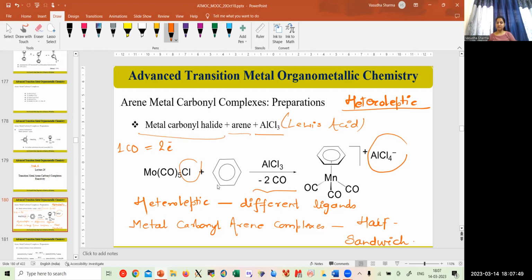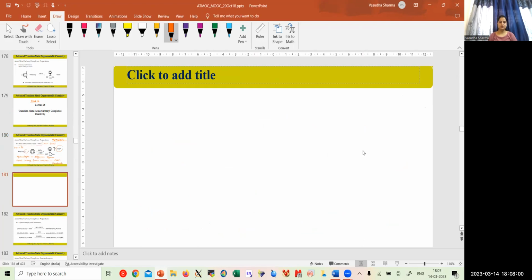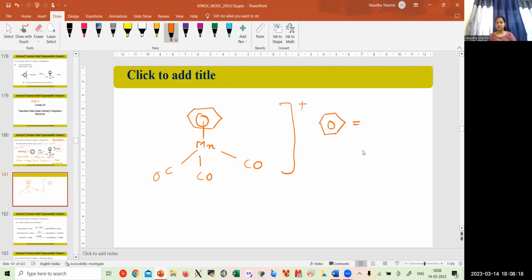If you calculate the total valence electrons of this particular species, here is your arene, the carbonyls, and the total charge is positive. The arene, which is nothing but a benzene ring, will give you 6 electrons.